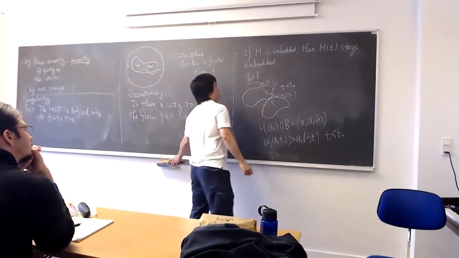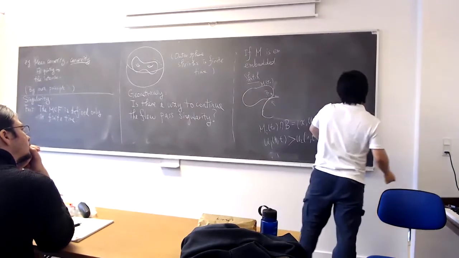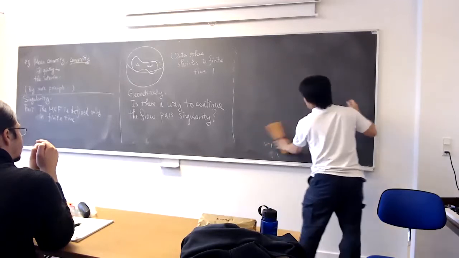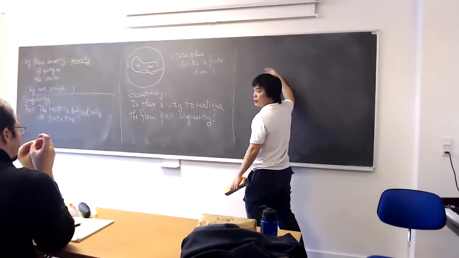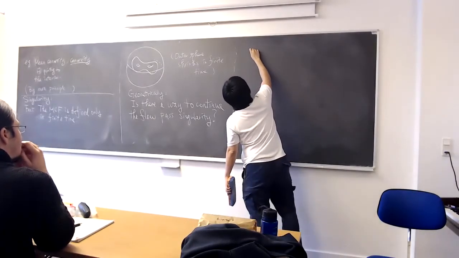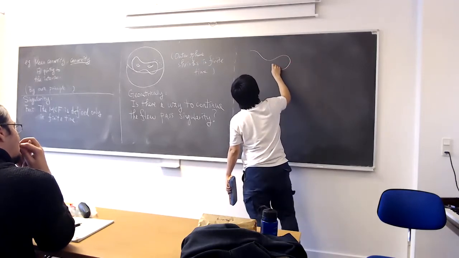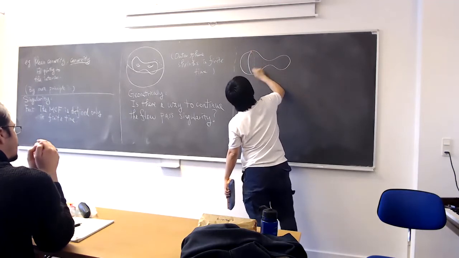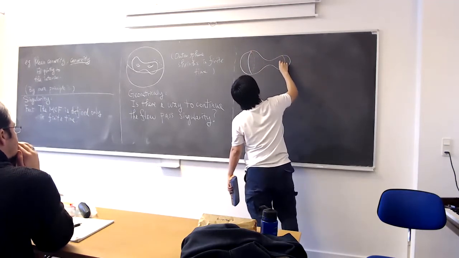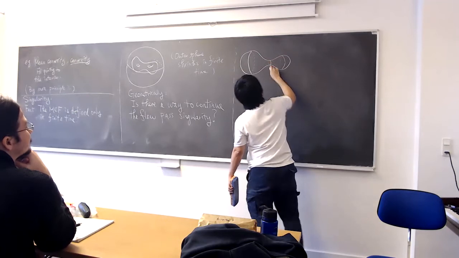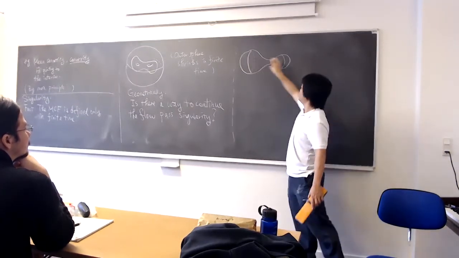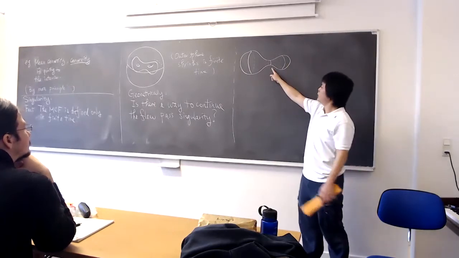So let me draw some picture to illustrate what I mean. That's another example of a mean curvature flow. We start with this initial hypersurface, which has a thin neck in the middle, and these two parts are sort of bigger compared to this one.